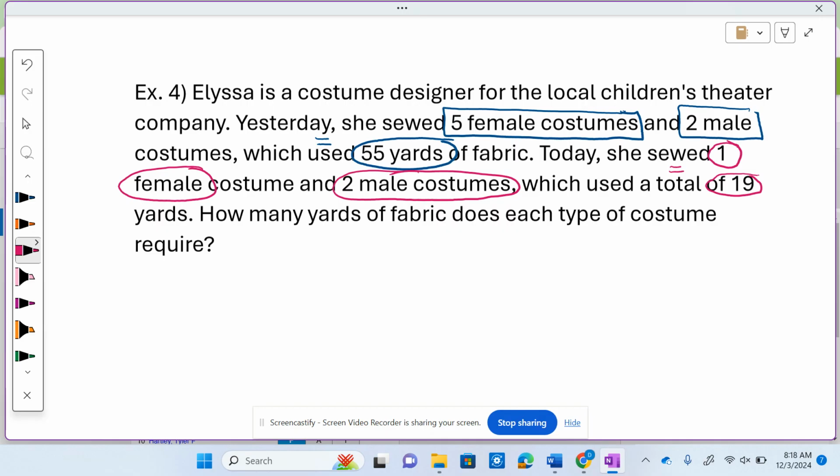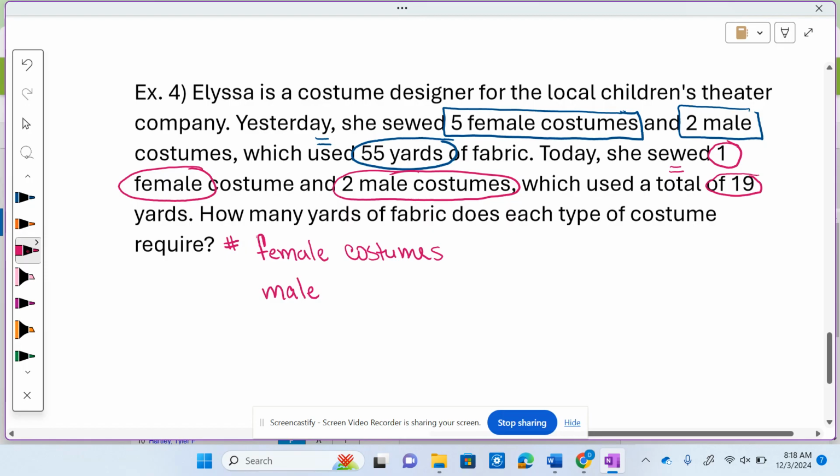So what 2 types of costumes are we using? Well, we have female costumes and we have male costumes, right? So if we let the first variable be the number of female costumes, do you want to use X or do you want to use F?